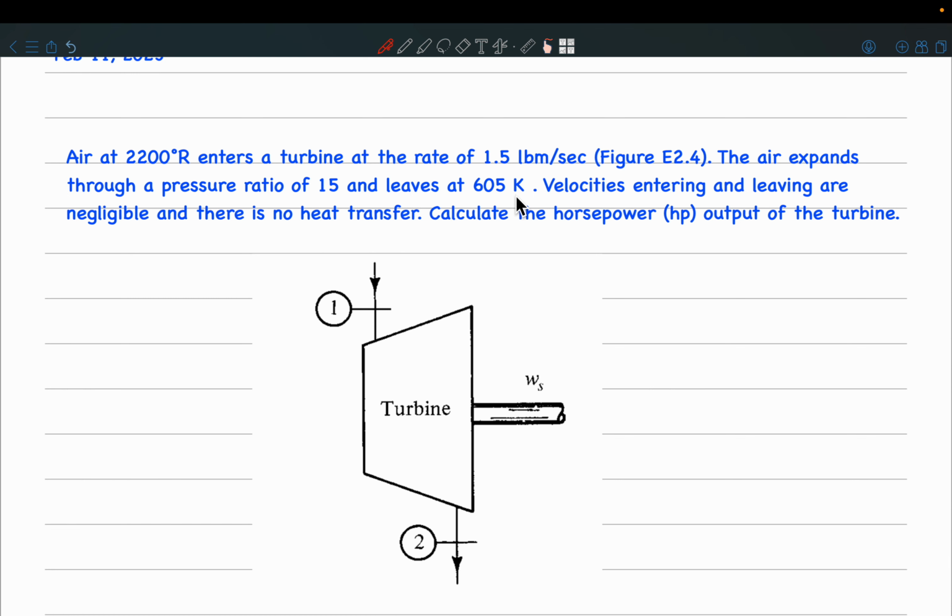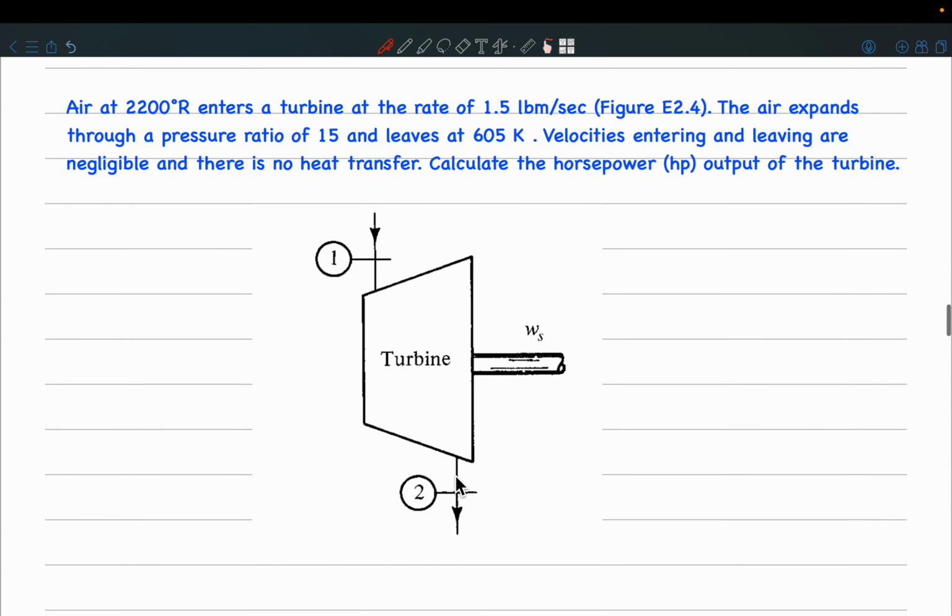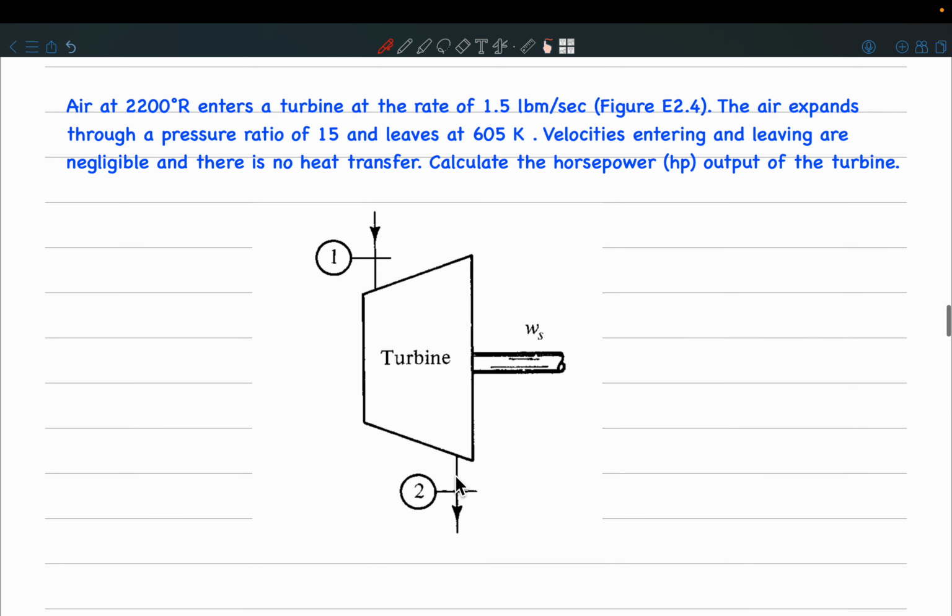Okay. So the question says, here's a figure of a turbine. Can you just define what is a turbine? It generates power from the flow.